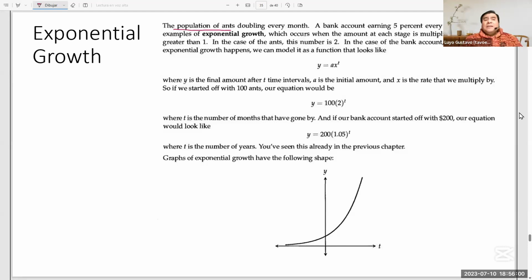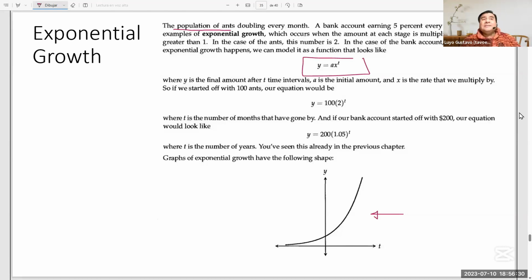And usually the exponential growth curve is like this, right? You have to remember that a curve where you can plot this in an XY plane always has this formula: y equals a constant value multiplied by x up to t, where usually t is the number of periods of time. X is some variable, it usually represents some initial amount.